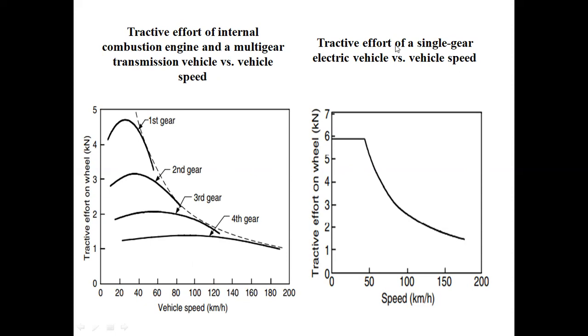Next, this is the tractive effort of a single gear electrical vehicle. Here, speed and tractive effort on the wheel. When increasing speed, the tractive effort decreases. When the weight decreases, the speed of the vehicle increases.